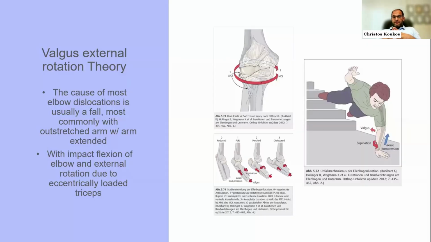The theory for the valgus posterolateral instability has prevailed all these years since 1991, when it was described by O'Driscoll. It's what we all know as Horii's circle: a fall on an outstretched arm, and as soon as the impaction takes place, it comes into slight flexion, at the same time in external rotation, and with a valgus moment.